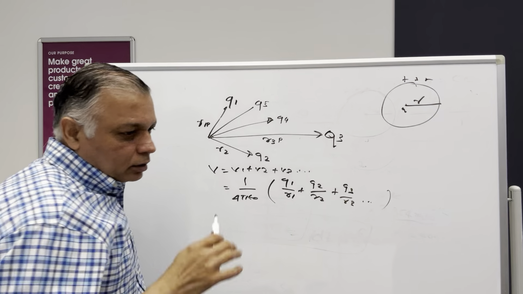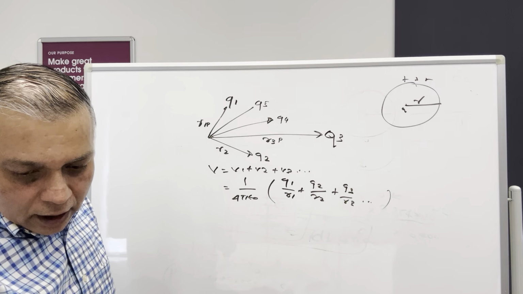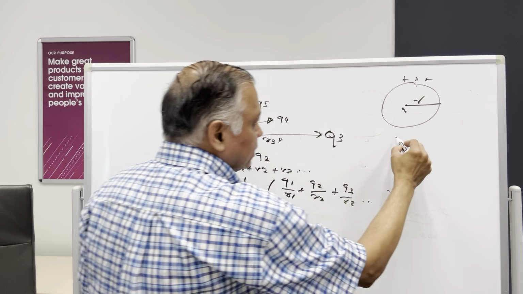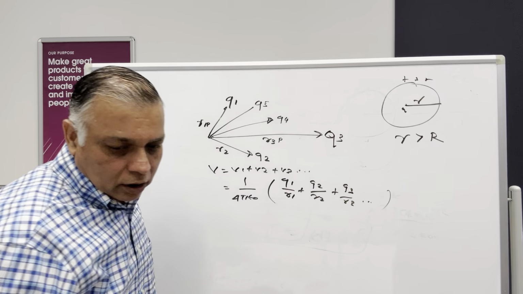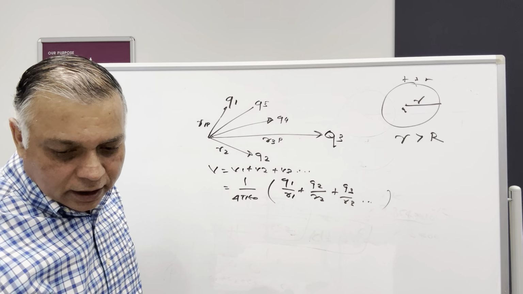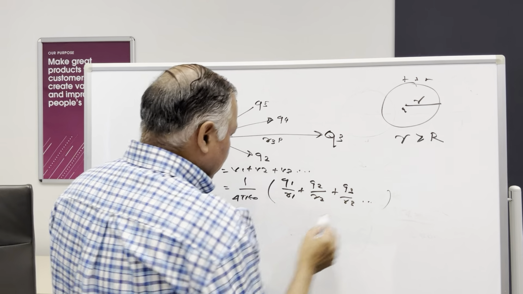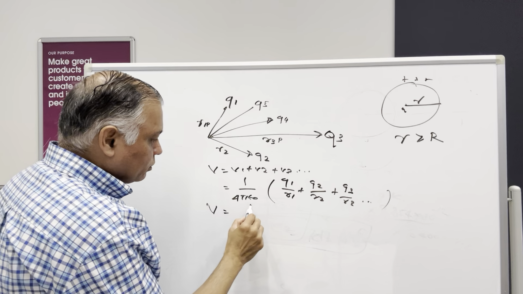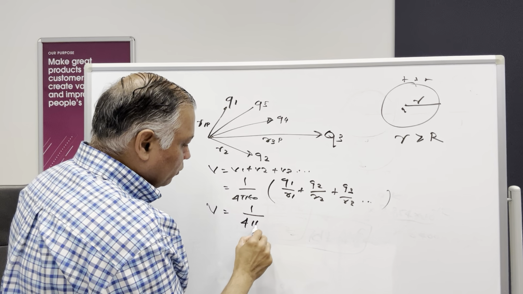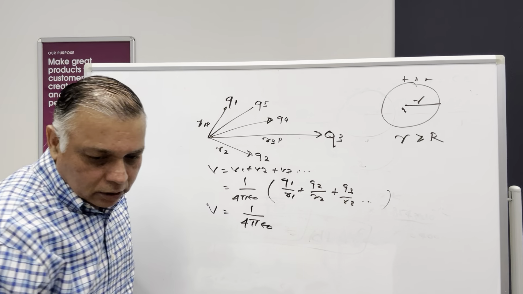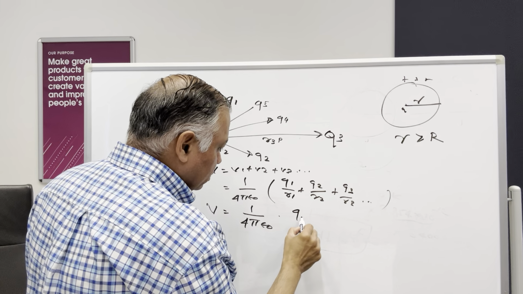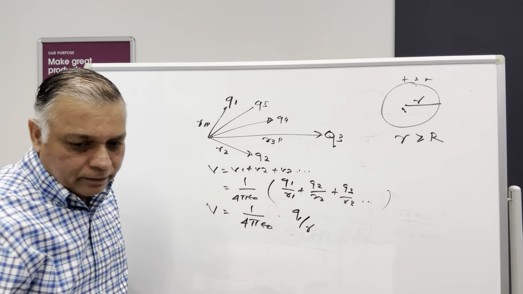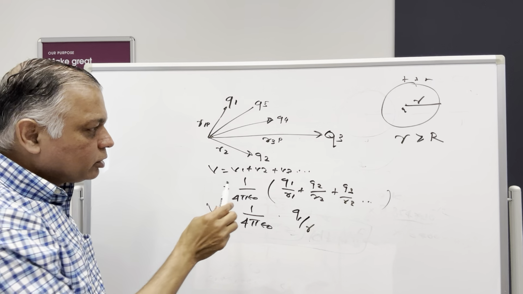So the resultant radius is outside. Let's say r is greater than or equal to the sphere radius, then v is 1 over 4 pi epsilon 0 times the resultant q over r. So this is potential due to the system of charges.